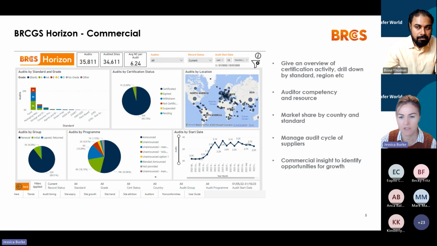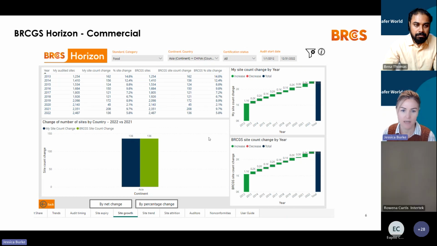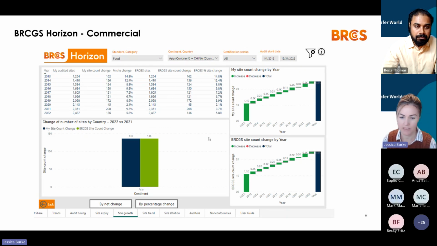So I did take a couple of screenshots from the platform just to show you a little bit more, diving into a little bit more detail. This screenshot is of the site growth tab, and here you can analyze your growth rate against the rest of BRCGS.